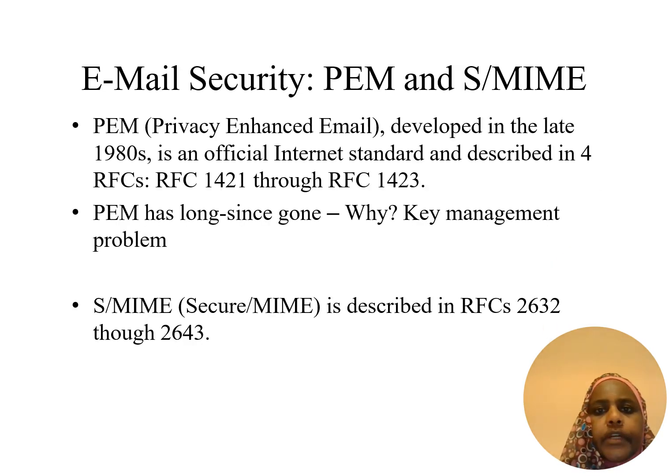Another approach for email privacy was Privacy Enhanced Mail, a standard developed in the late 1980s, and it was an official internet standard. It is described in RFCs 1421 to 1423. PEM is long gone.